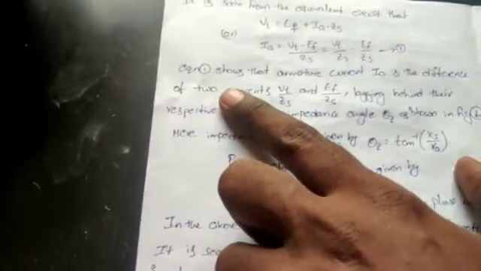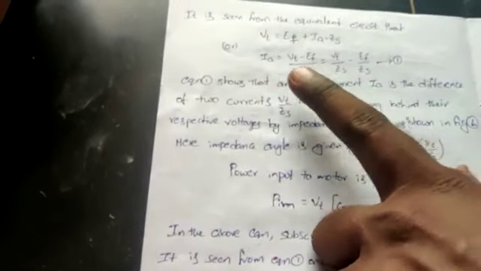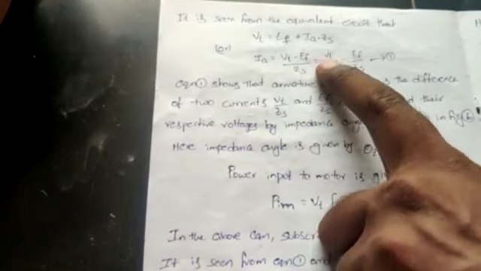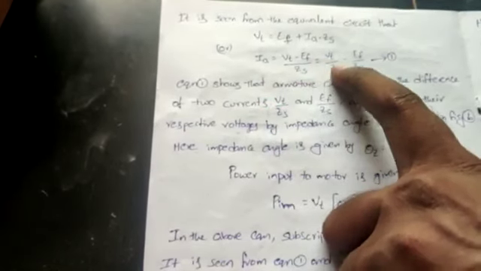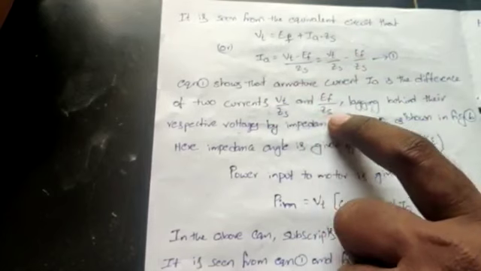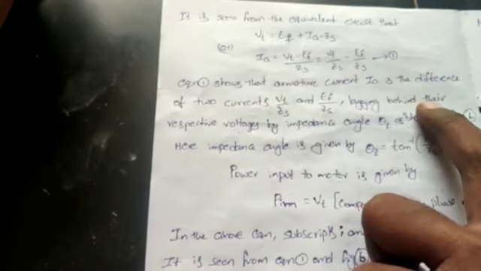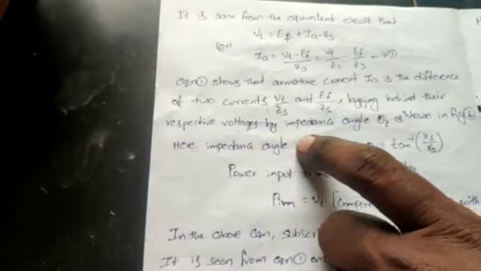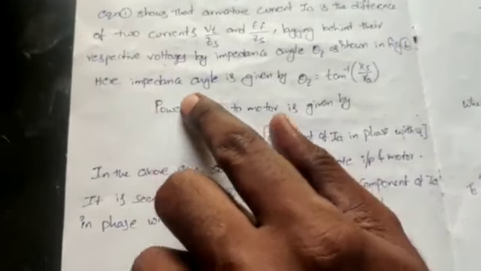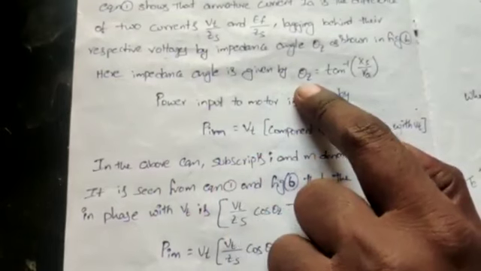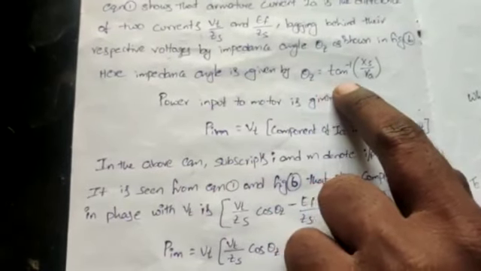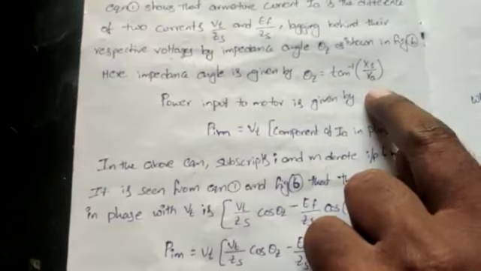Equation 1 shows that armature current Ia is the difference of two currents, Vt by Zs and Ef by Zs, lagging behind their respective voltages by impedance angle theta Z as shown in figure B. Here impedance angle theta Z is equal to tan inverse of Xs by Ra.